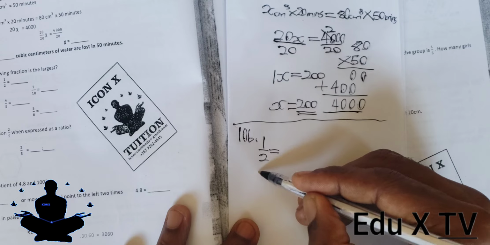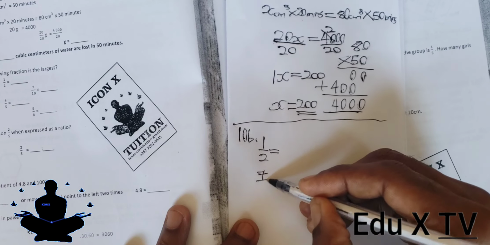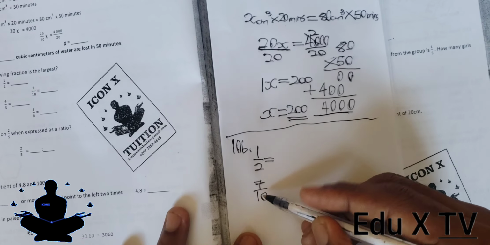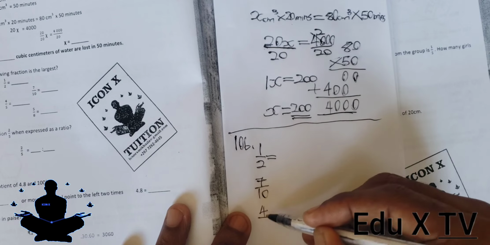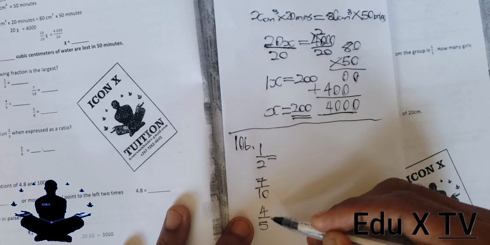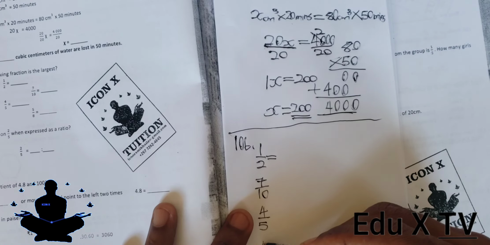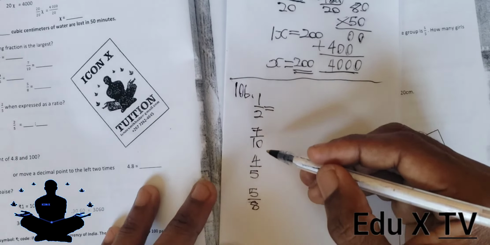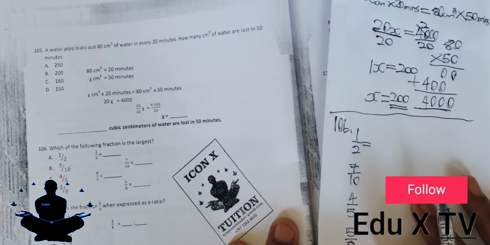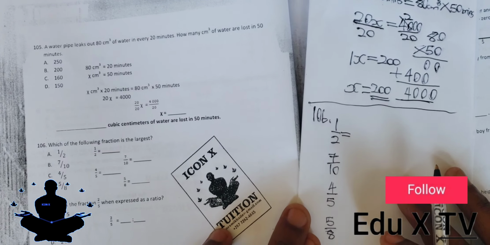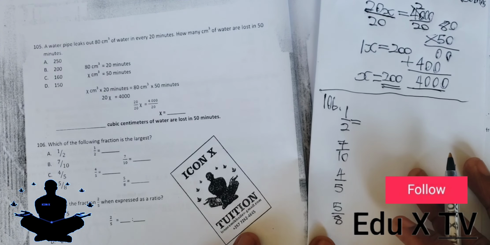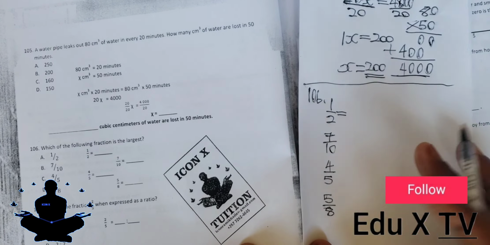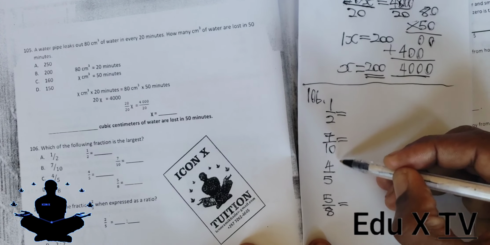That's how we figure out which one is the highest, because it's difficult. It will be difficult for other students to just observe and give out an answer. So you become patient and you work it out. So this is how you are going to do it.